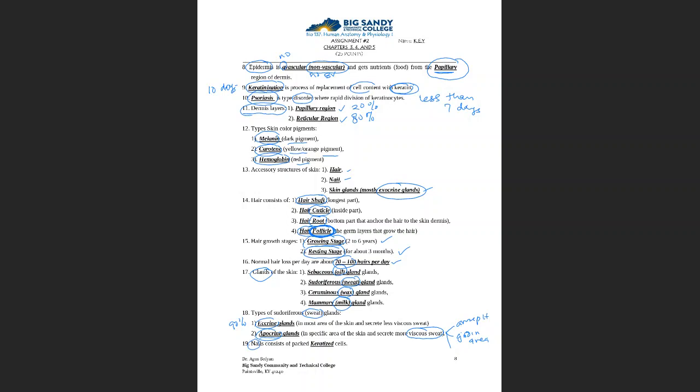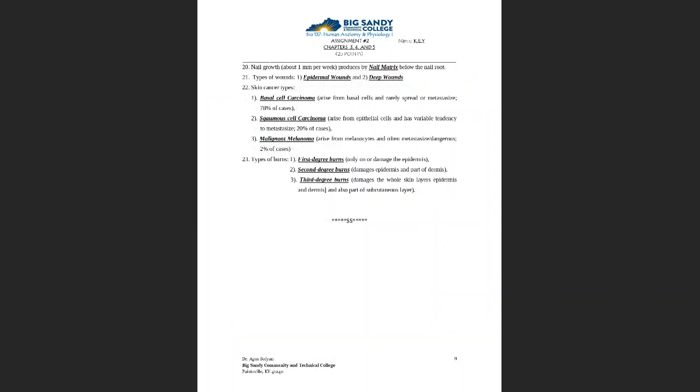Nail actually consists of keratinized cells, which are dead cells that become very, very thick. And the cells that produce the nail are called the nail matrix. So under your nail, there is a group of cells that keep growing, keep dividing.